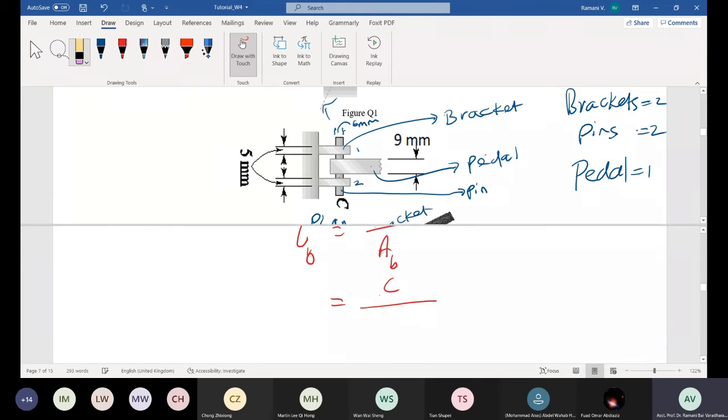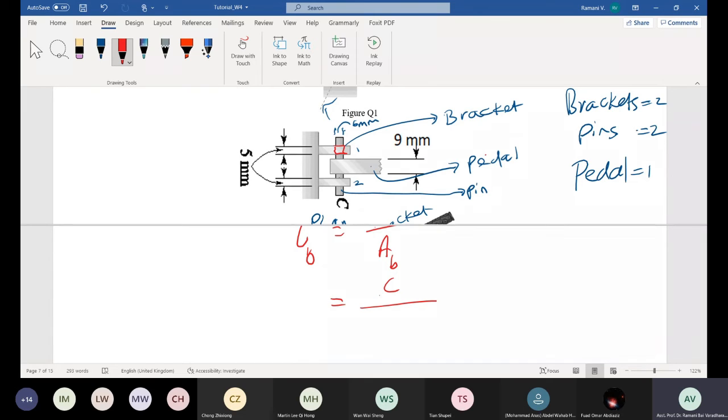So it has to act again on this thickness on both sides, and we handle the two or one later. But now see that the brackets are like this, isn't it? It has to work for this diameter to the thickness of 9 mm, correct?